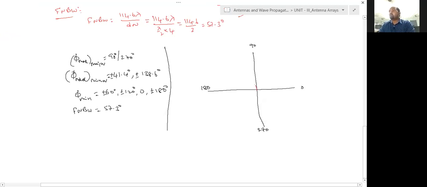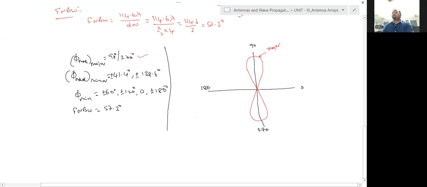So therefore, the maximum directions of the major lobe are along 90 degrees and 270 degrees. This is the major lobe.